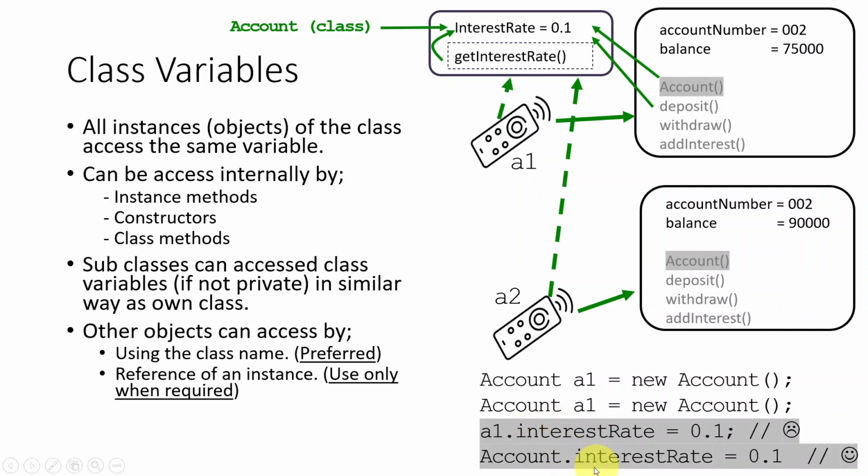This is how you access a class variable through your class name. This is preferred, but it is even better if you can access the class methods and let the class method access it. We will be discussing those things in detail when we are doing the coding session. That will be our next session.